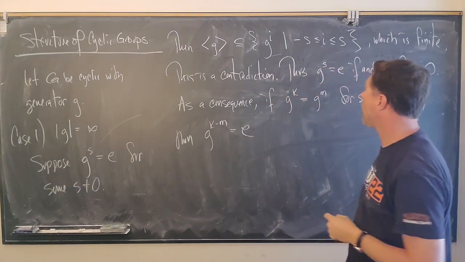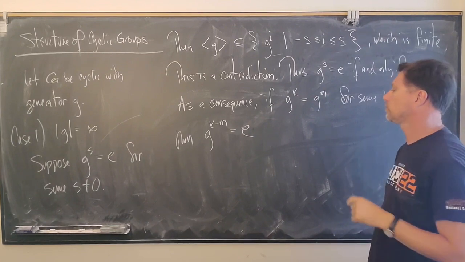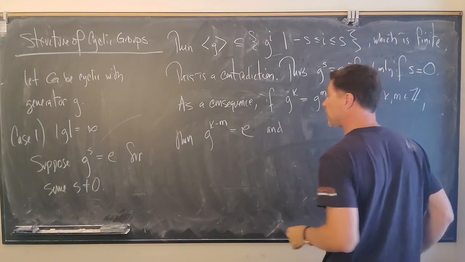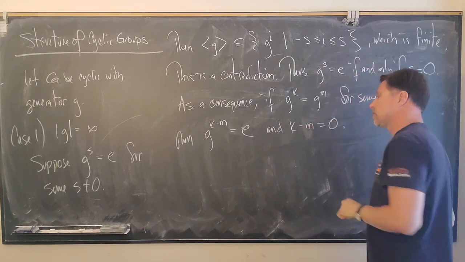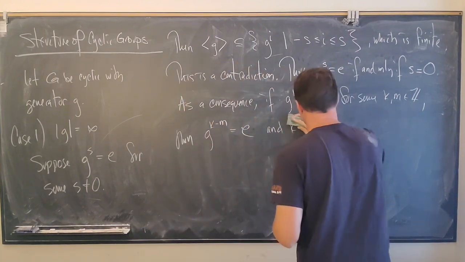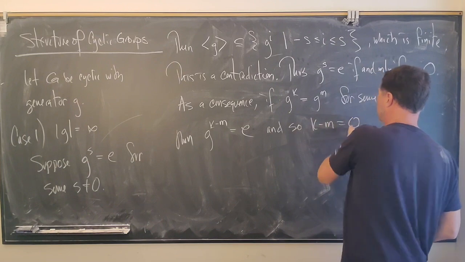I multiplied on both sides by g raised to the minus m. And so, according to our computation up here, k minus m equals 0.